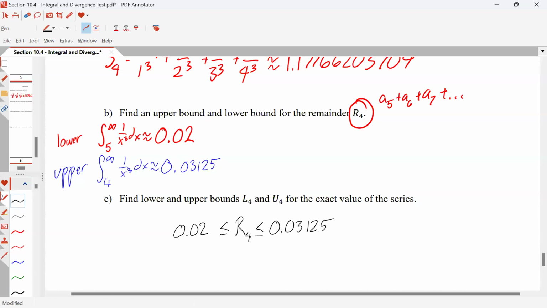Could be 0.03 exactly. It could be 0.028. Somewhere between those two numbers. And that's a very small window. So that is our remainder.